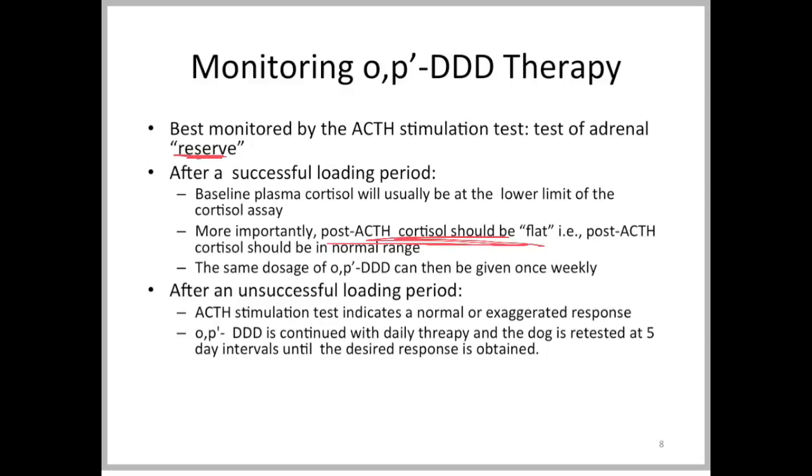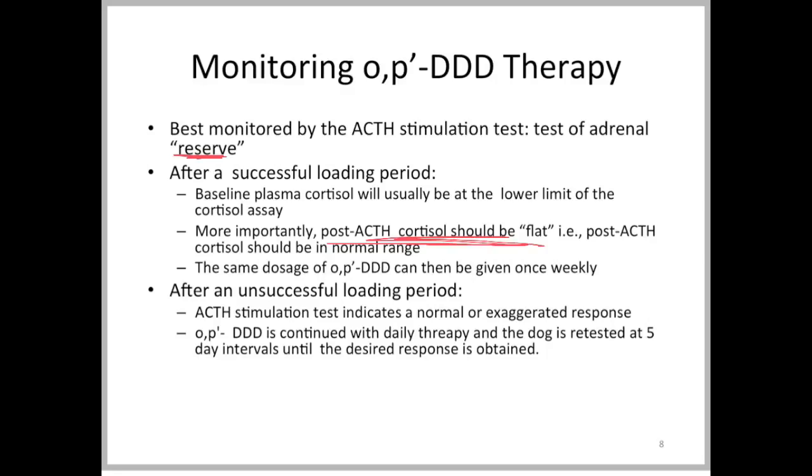And if you see this, you can give the same dose and continue monitoring over increasing intervals. If you find that you have not loaded the animal successfully or find the animal's signs coming back, you need to redo an ACTH stimulation test.